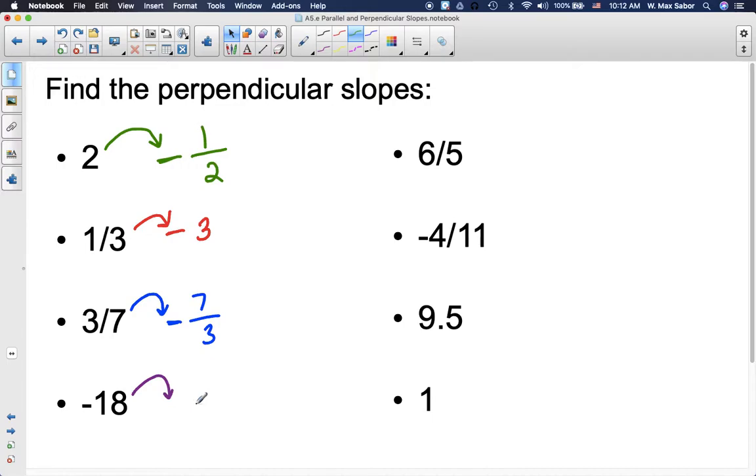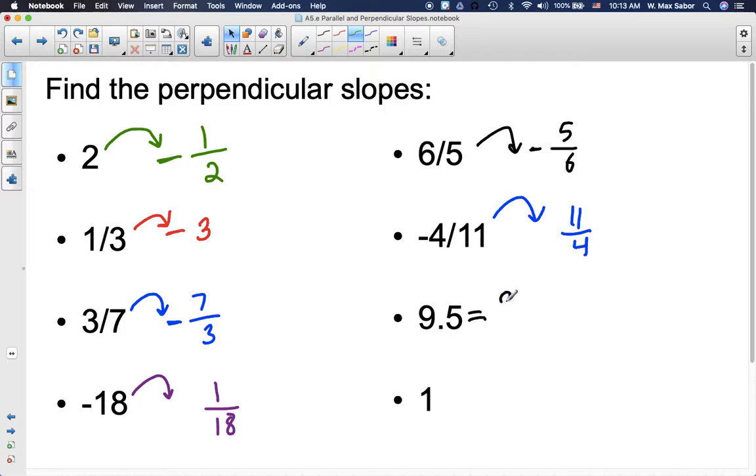Negative 18, we flip it to make 1/18, and it was negative, so now it's positive. 6/5, we flip that to get 5/6, and that was positive, so now it's negative. Negative 4/11 flips to be 11/4, but since it was negative, now it's positive.